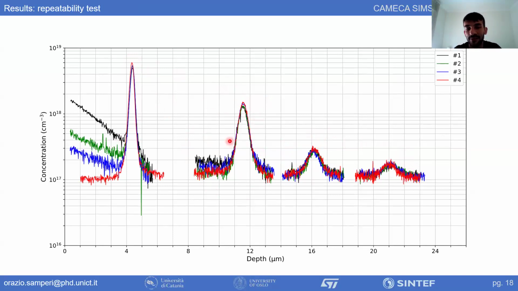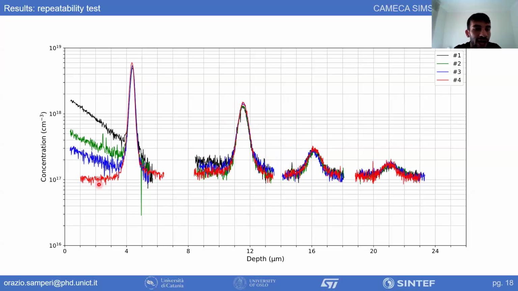And the repeatability is really high. I didn't put numbers here, but I calculated that the standard deviation on the peak position, for example, is around 20 nanometers. So it's basically the same as the depth resolution.